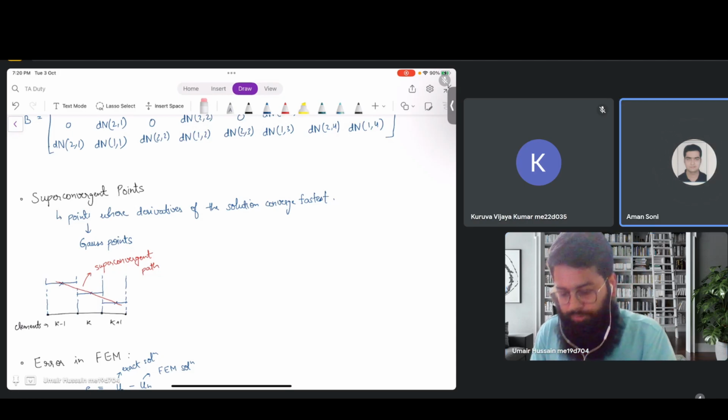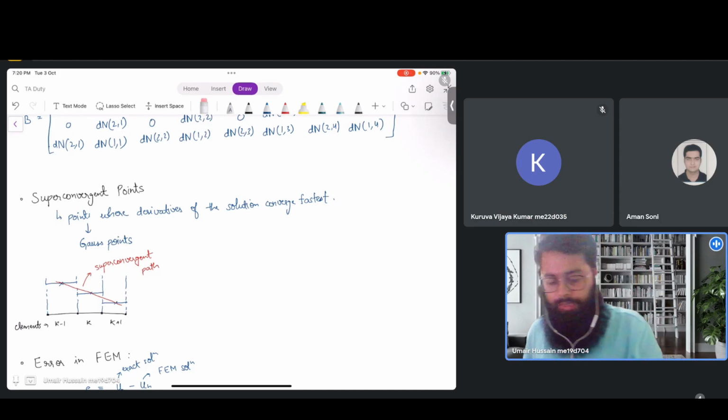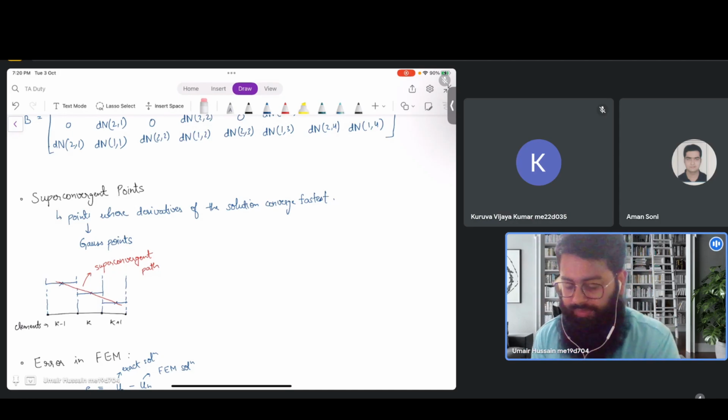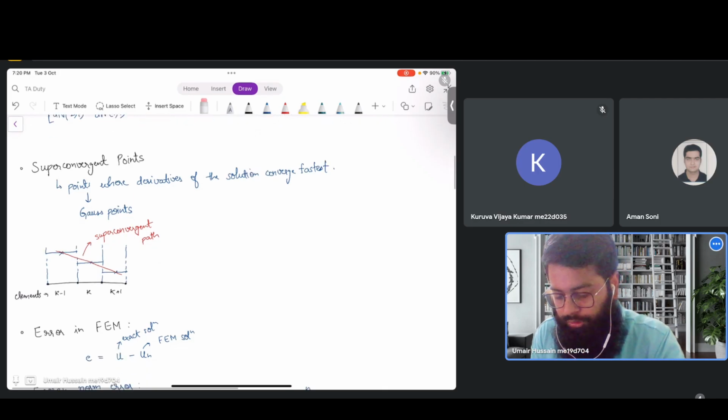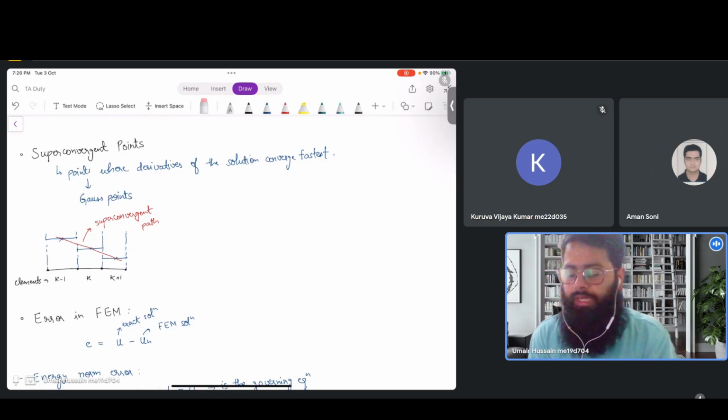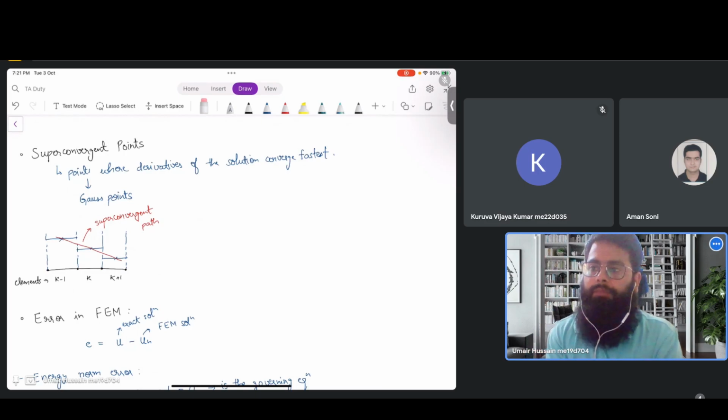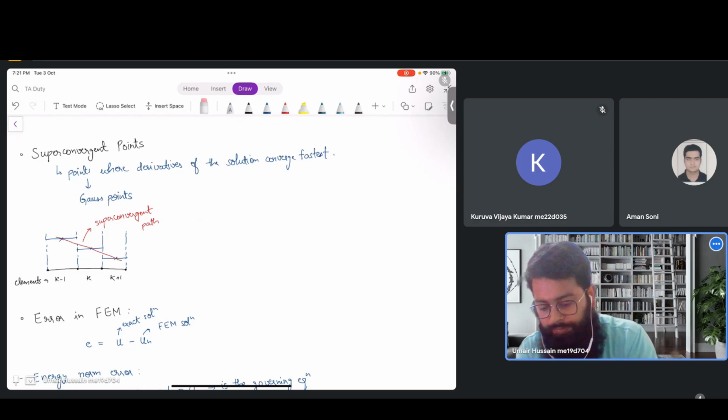So in some basic problems, we get the exact value of the derivative of the solution at the Gauss points. In FEM, if we have to take derivatives, we see that the derivative is not continuous, because when we are taking the assumption of the solution, we don't ensure the continuity of the derivative in the FEM domain.